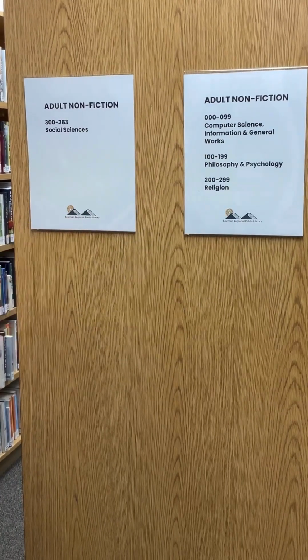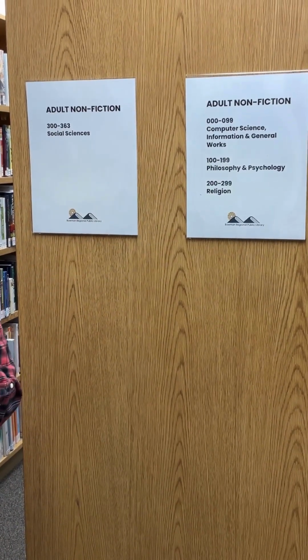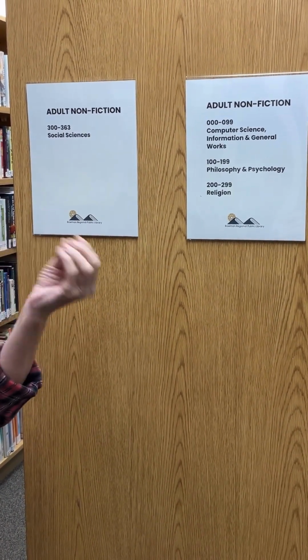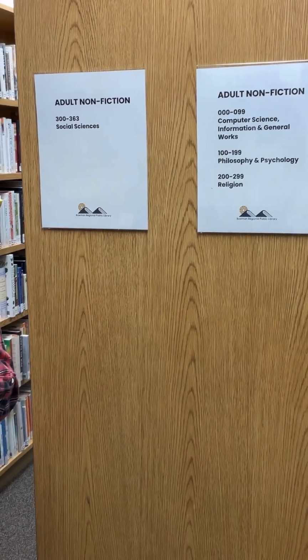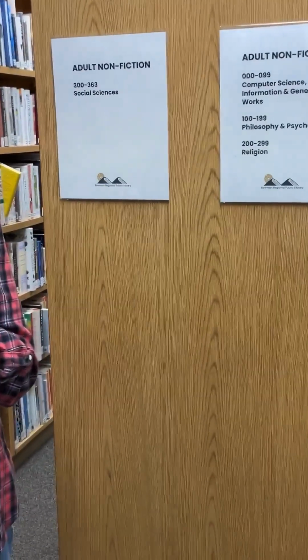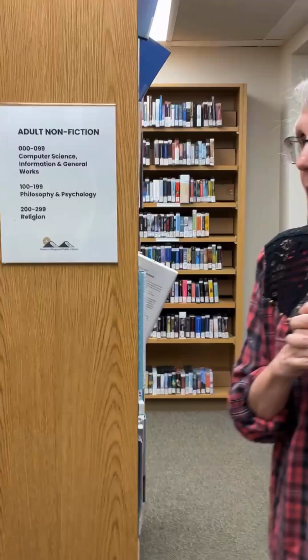What you will see are the number ranges and then the topics that you would find in that number range. And I know that there are some of you that wish we would just alphabetize by the author's last name in this section, but if you think about that, it would get very, very confusing and time-consuming to find a book. So let's take a look here at some books we've pulled.